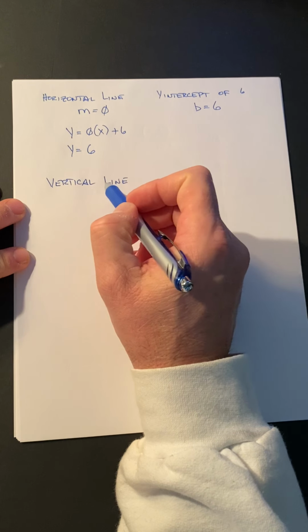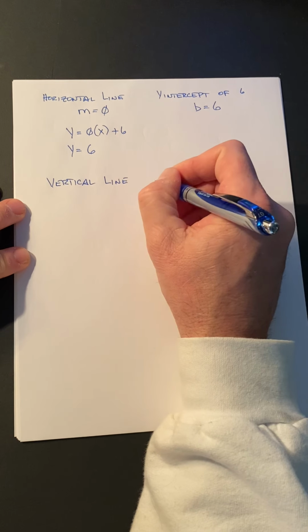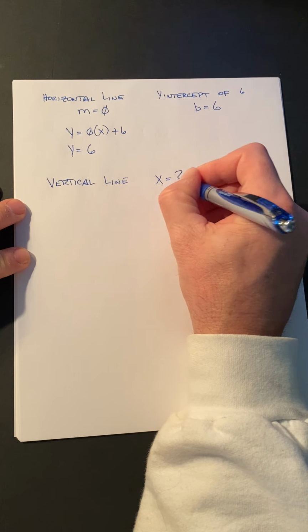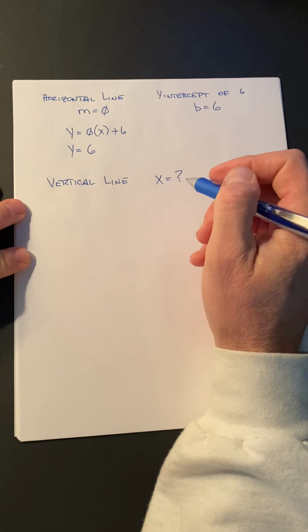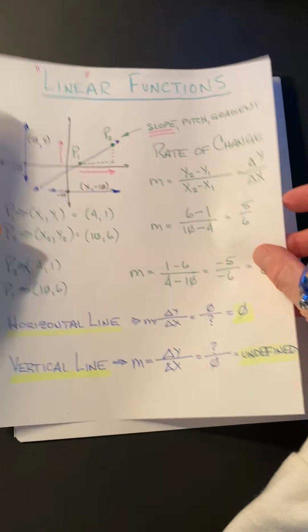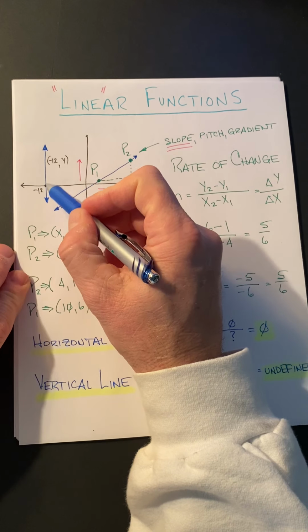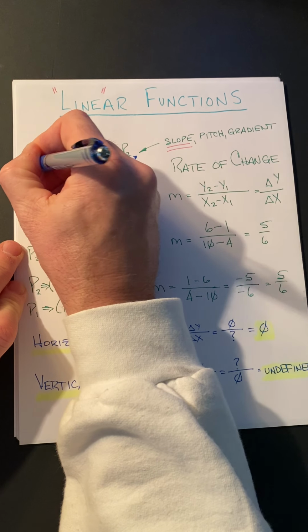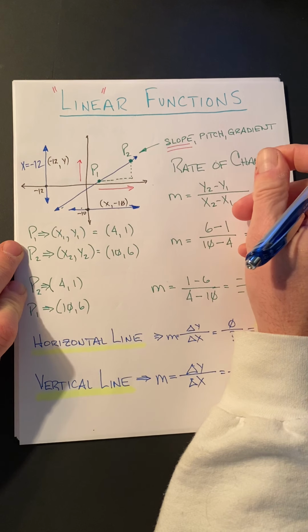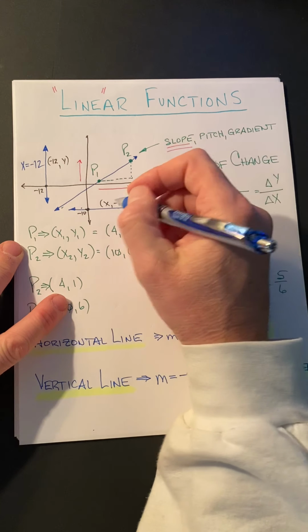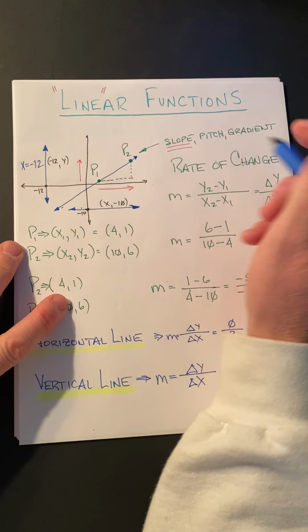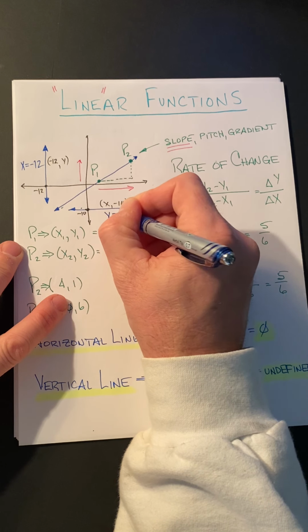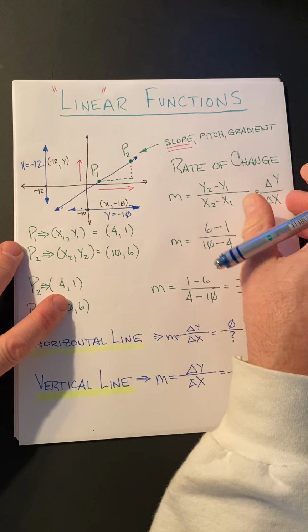I'm not going to have a slope. So all I need is whatever x is, okay? Because again, looking at my graph, that's all that I have here. So x equals minus 12 for that vertical line. For my horizontal line, the equation is simply y is equal to minus 10, okay?